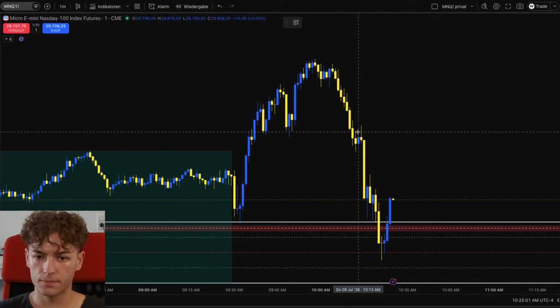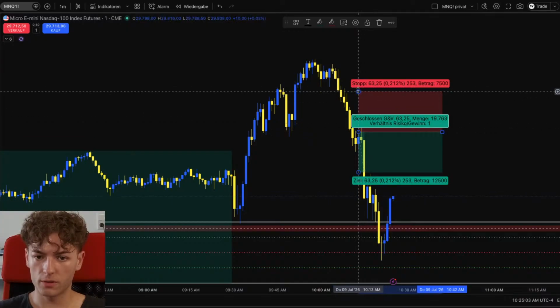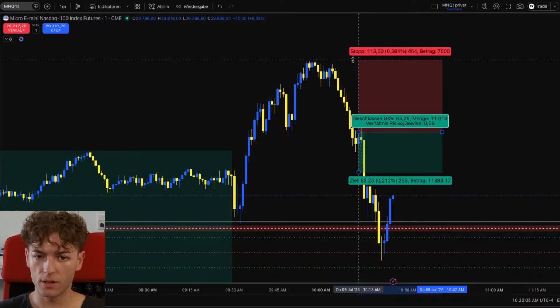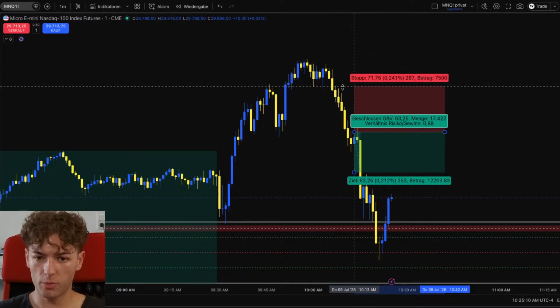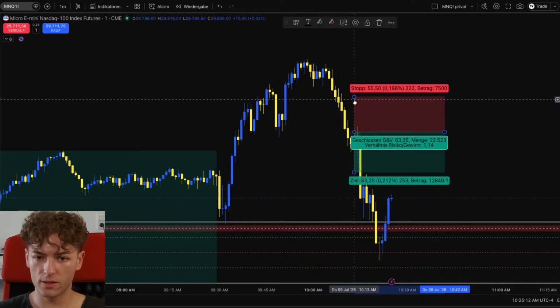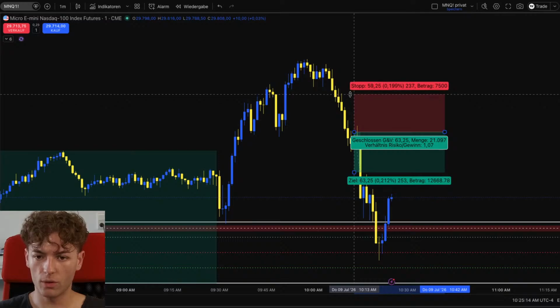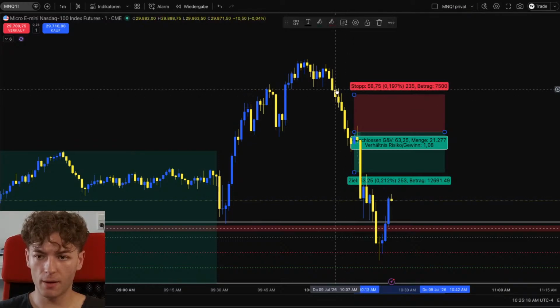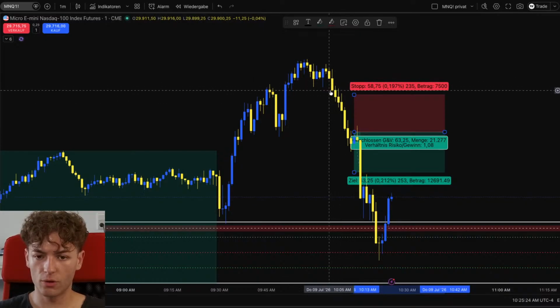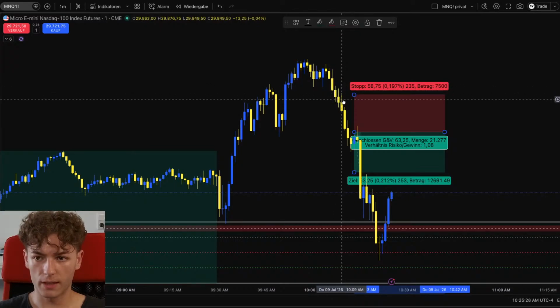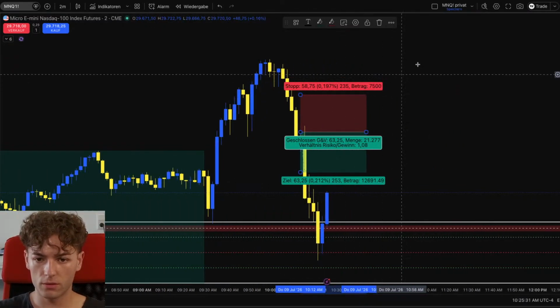But where's the stop loss? I don't want to risk 100 points. And putting my stop loss somewhere in here is, in my opinion, no valid stop loss. I need some price action, some market structure in here. No fair value gap, no breaker, no auto block, no nothing. Like maybe 2 minute chart.